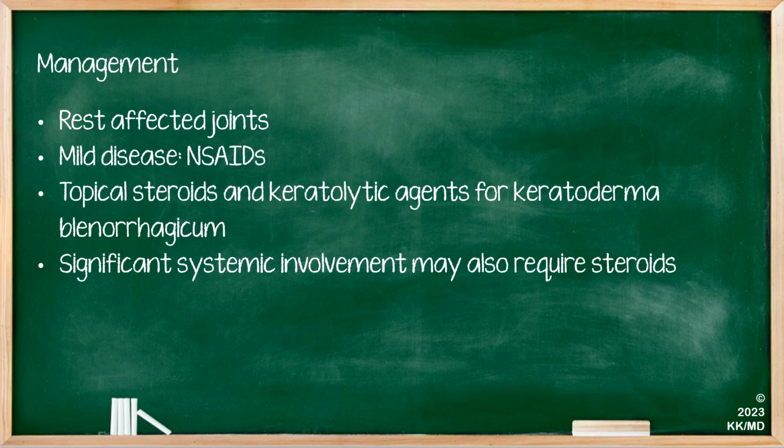You could use a topical steroid and keratolytic agents specifically for keratoderma blennorrhagicum, and if you've got significant systemic involvement such as CNS involvement or lung or heart involvement, you could consider using steroids.